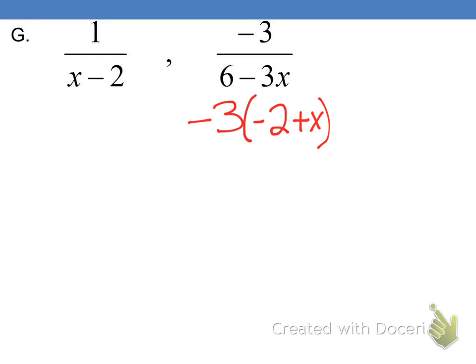Does anyone see something that's bothering them? Wouldn't the negatives cancel out? Yeah, you can go even further. But no. Switch the x and the -3s. Do you see that? And now look, they already have common denominators.